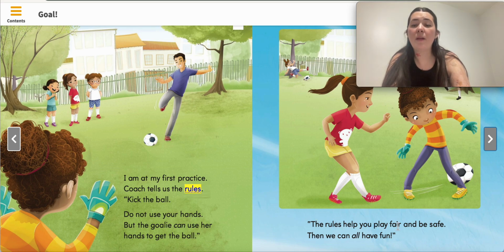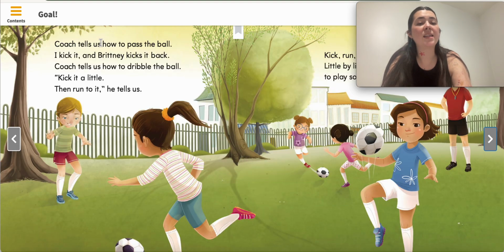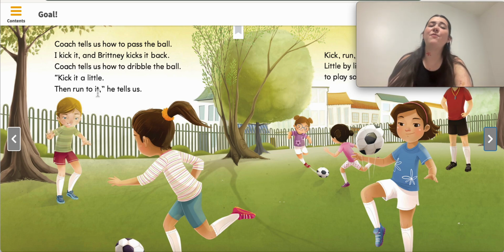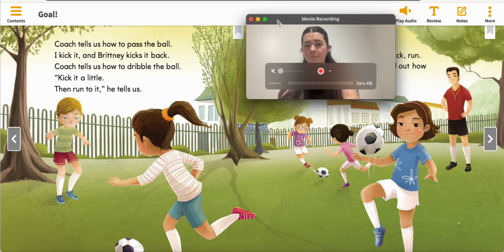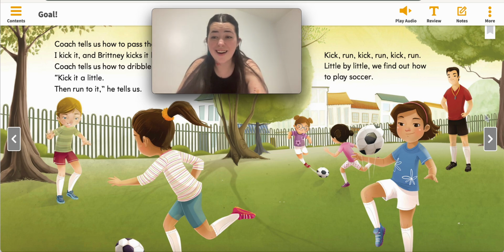The rules help you play fair and be safe. Then we can all have fun. Coach tells us how to pass the ball. I kick it and Brittany kicks it back. Coach tells us how to dribble the ball. "Kick it a little, then run to it," he tells us. Kick, run, kick, run, kick, run. Little by little, we find out how to play soccer.